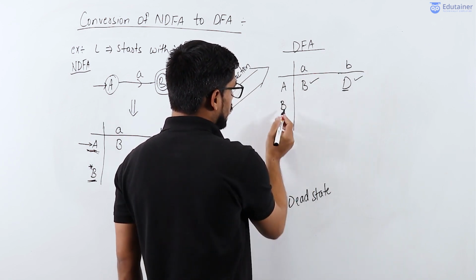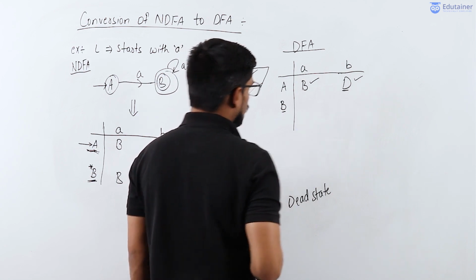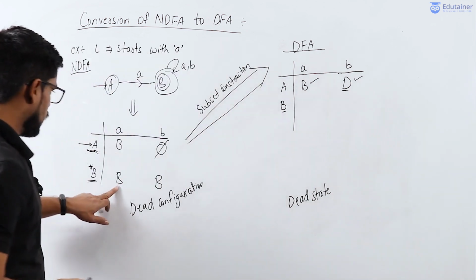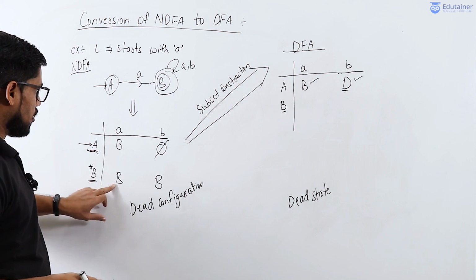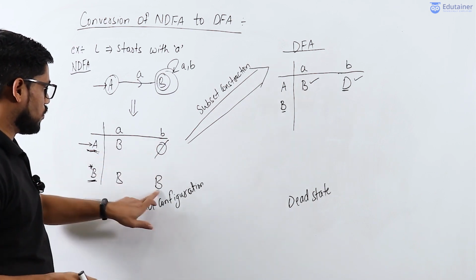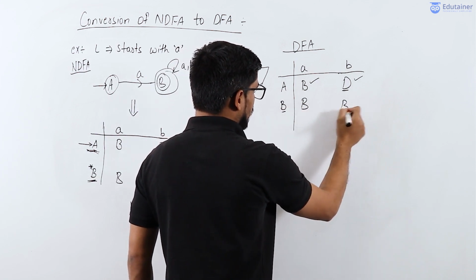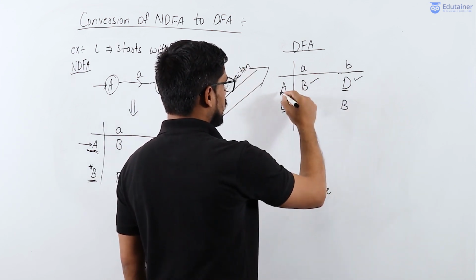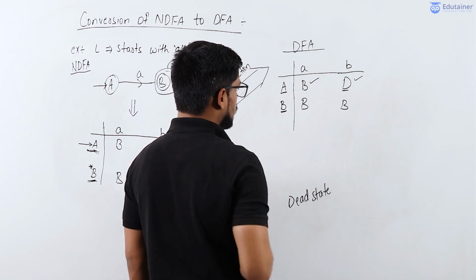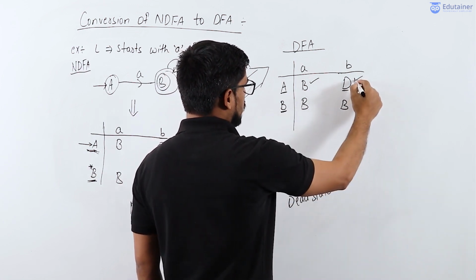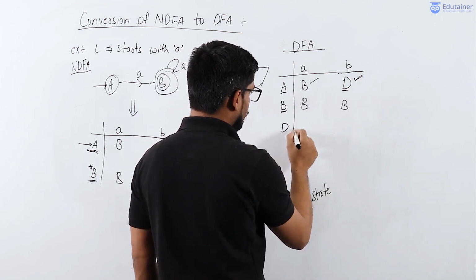So here capital B is our next state. On capital B, on small a and small b, we go to capital B itself: capital B and capital B. So I have covered state capital A and state capital B. What is left? State capital D is left. So I will take capital D.